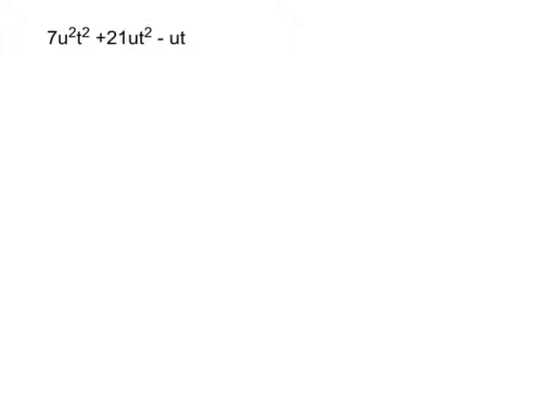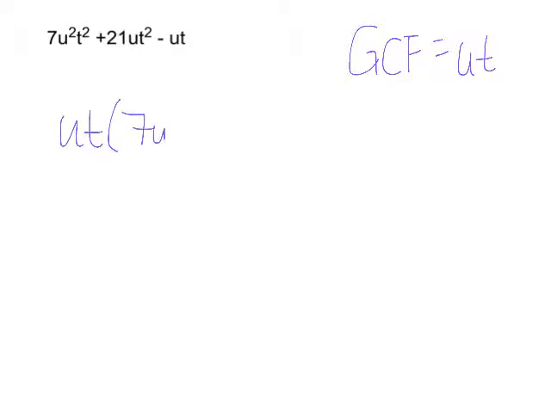So when I look at what is the greatest common factor of this polynomial, I see that the only really greatest common factor that I have is a u and a t. So when I go ahead and factor out a u and a t, I'm going to be left with ut times 7ut plus 3t minus 1.